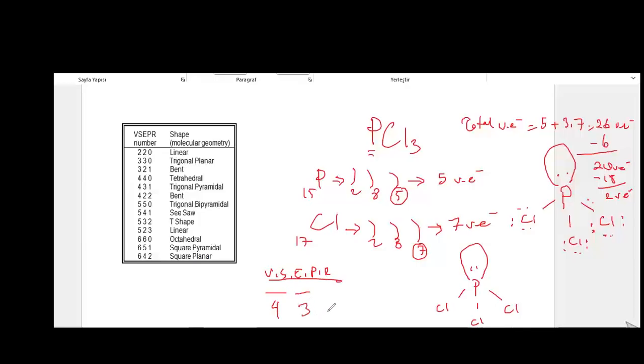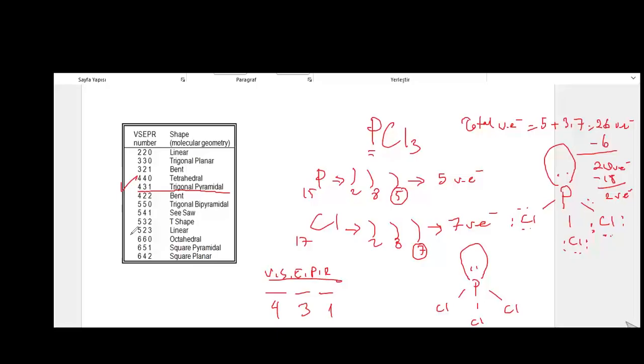That's why 3 is the bond electron domains. So there is only one remaining electron pair on the phosphorus atom. That's why it has the same VSEPR number as the ammonia molecule. That's why it also has a trigonal pyramidal shape if you look at the table.